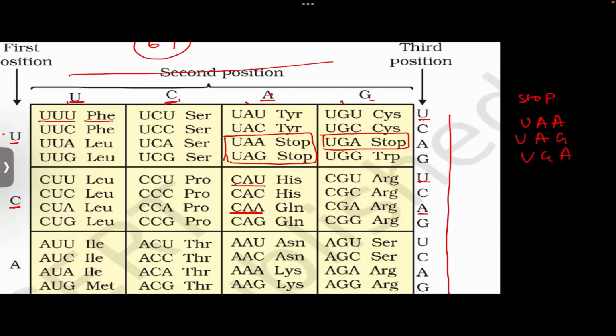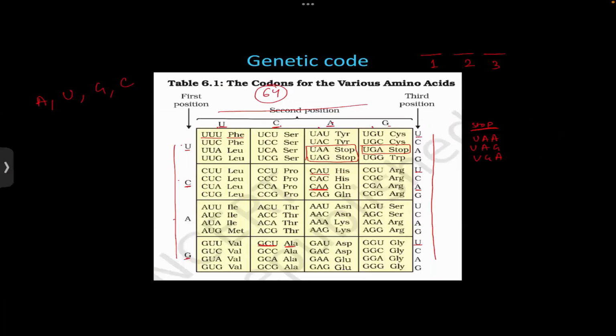These are called stop codons. Okay. So whenever these stop codons are there in the mRNA, at that point the protein synthesis will stop. Okay. Hence the name stop codon. So UAA, UAG, UGA. These are the 3 stop codons.